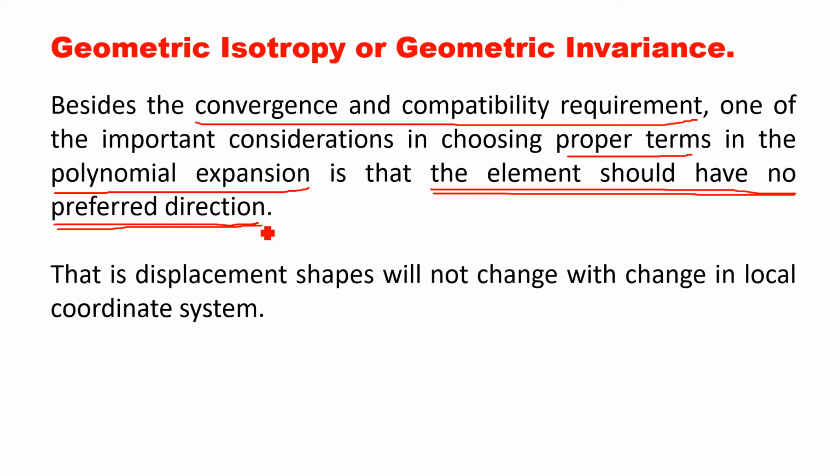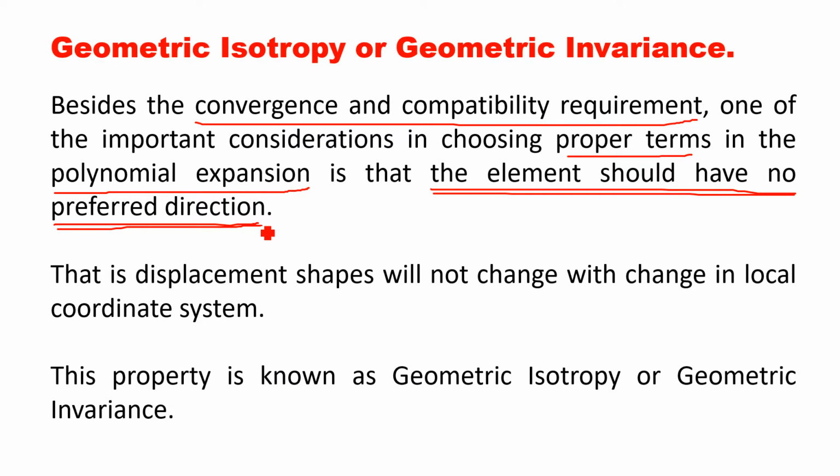It means we can represent the local coordinate system either with the help of Cartesian coordinate system or with the help of natural coordinate system. So whenever we are representing any polynomial expansion, if we change this Cartesian to natural or natural to Cartesian coordinate system, there should not be any change in the displacement shape.